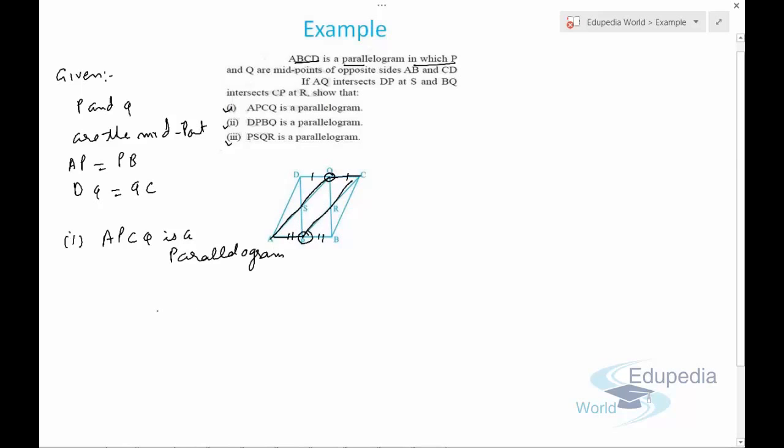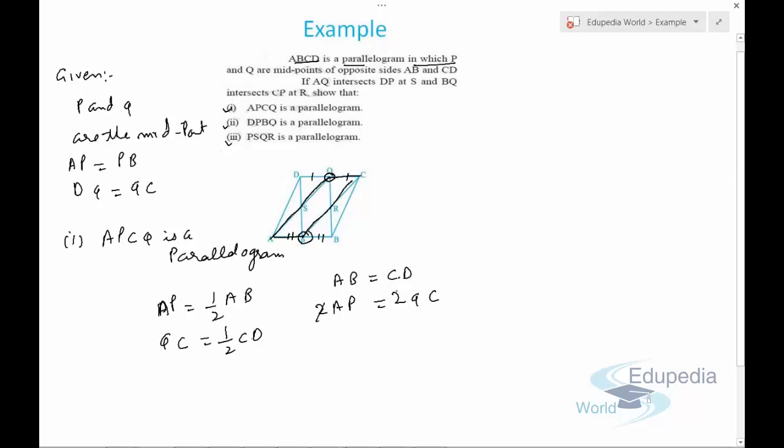Now it's given that P is a midpoint. So we can write AP as half of AB, and we can also write QC as half of CD, and it's given that AB equals CD. So we can write AB as 2AP and CD as 2QC.